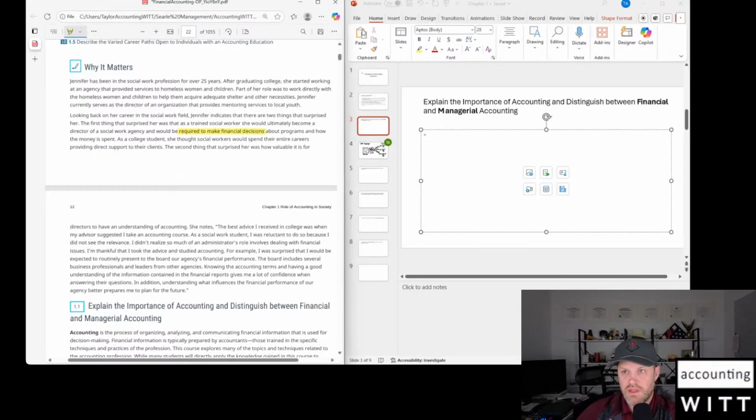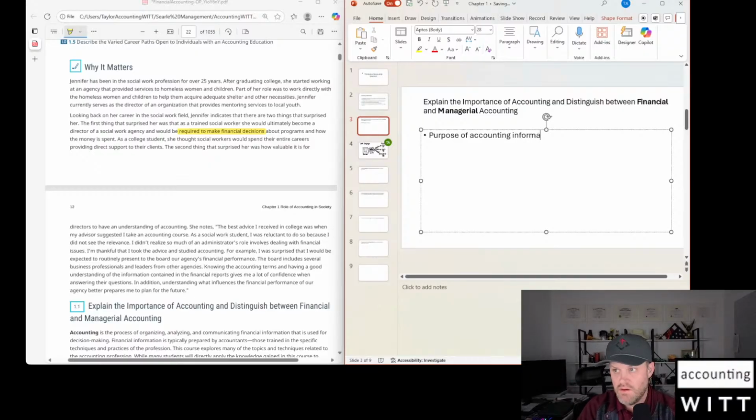All right, so I think what we're getting into here is setting up what is the purpose of accounting information? And it's really about to inform decision makers. So, story, someone needs to make financial decisions.